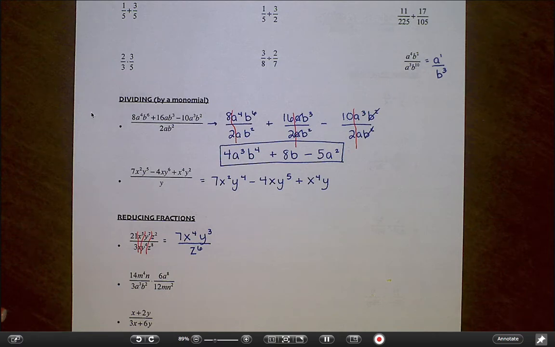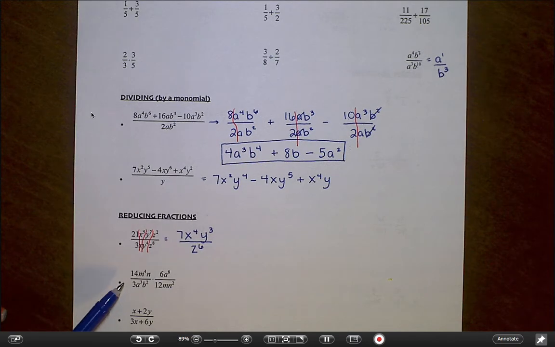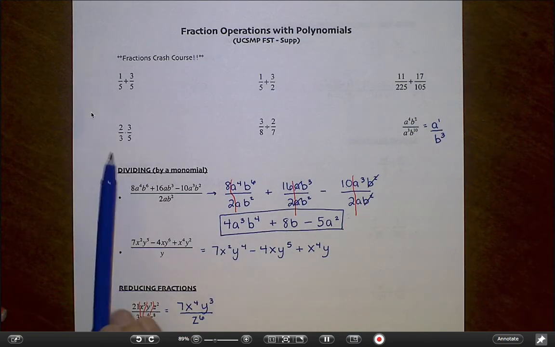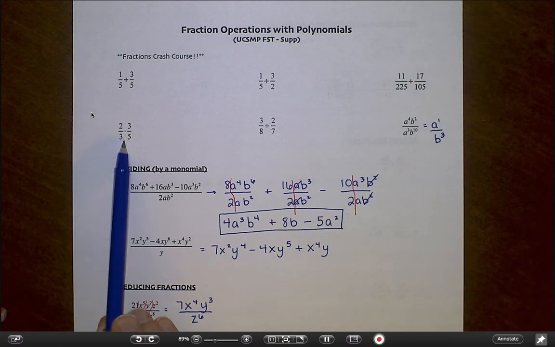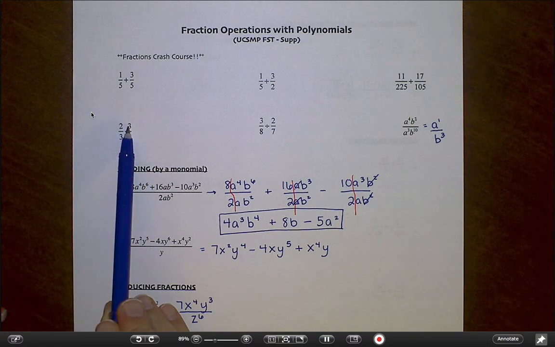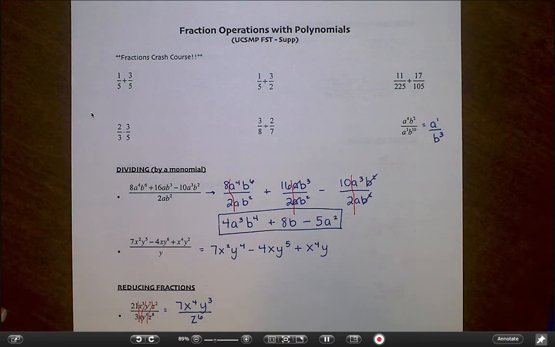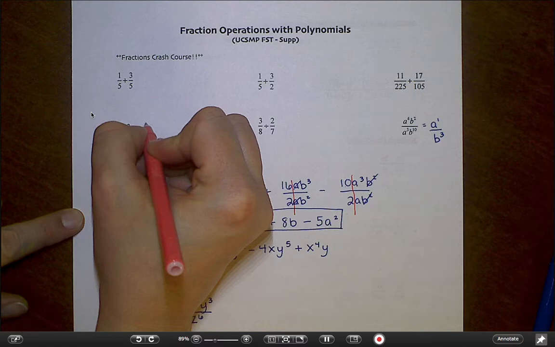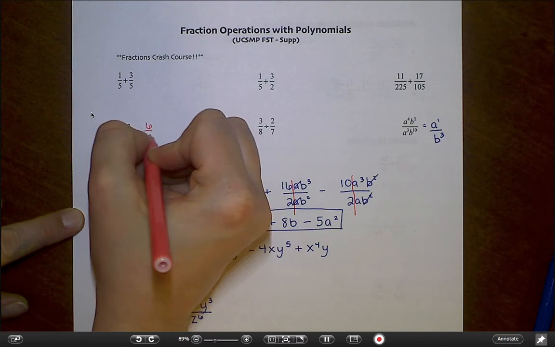Okay, we've got some multiplying of fractions happening here. So I want to remind you of a couple of things. When you are multiplying fractions, you really are just multiplying top by top and bottom by bottom. So if I wanted to, I could go 2 times 3 is 6, and 3 times 5 is 15.